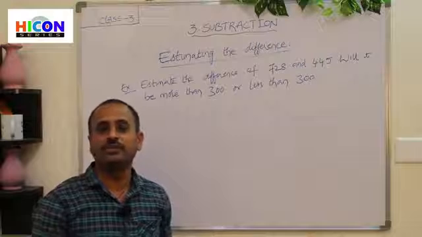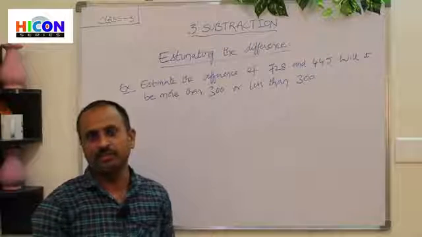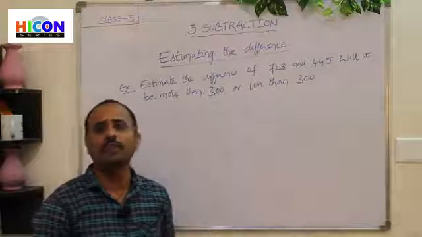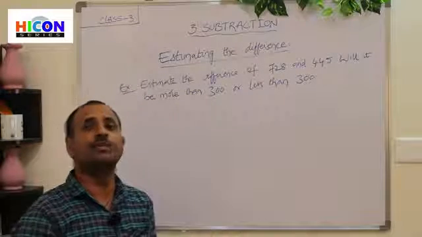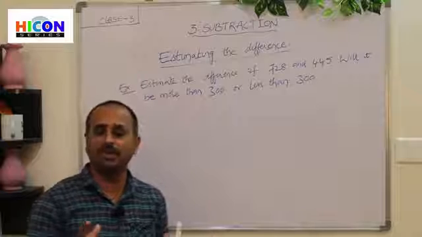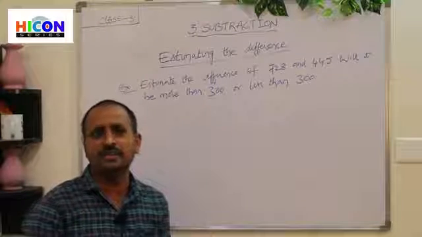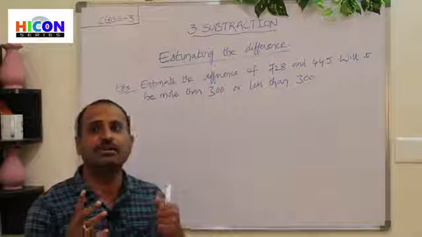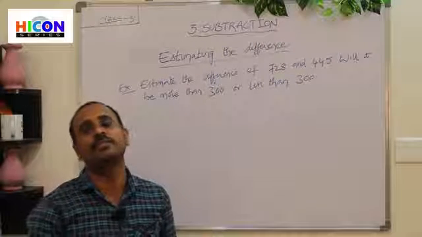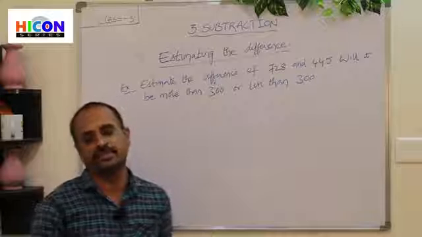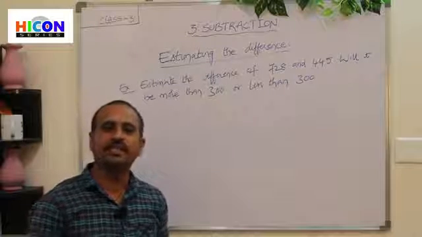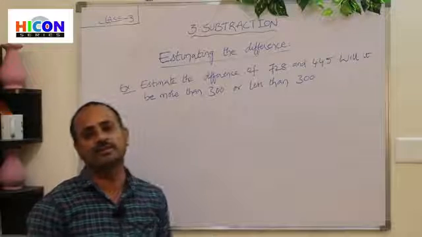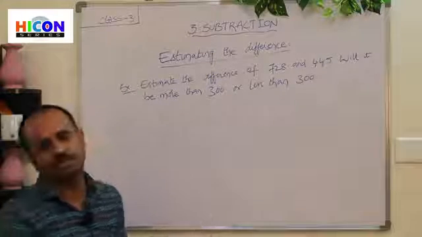That means without doing the subtraction, we can say the approximate difference of the 2 numbers without doing the actual subtraction. So we can see the nearer answer for the difference between 2 numbers. So how can we estimate the difference?